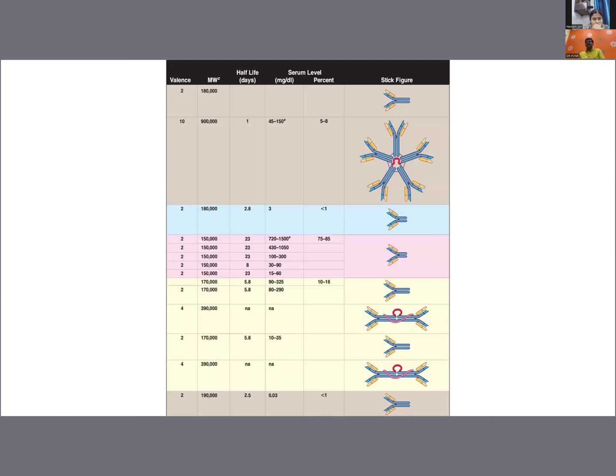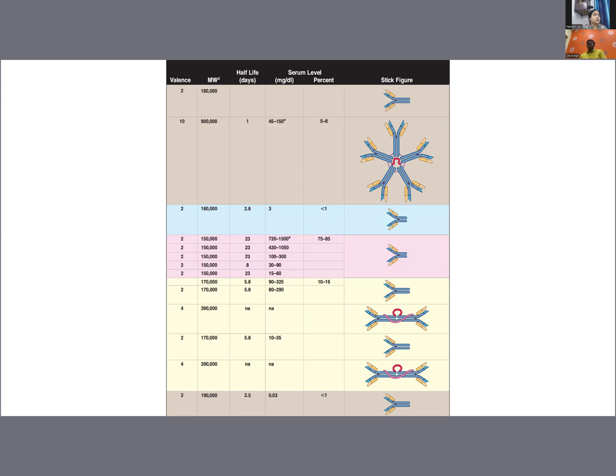There is a single molecule, the first one, and then there are 5 molecules, 1, 2, 3, 4, 5, all joined together. And if you go down, there are 2 molecules joined together by a J chain. So these are the different patterns of these antibodies.